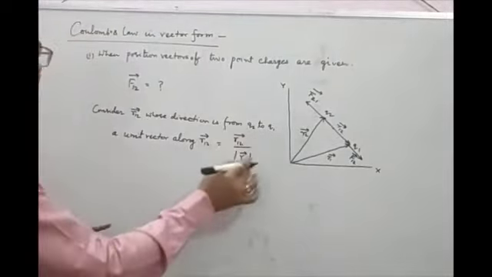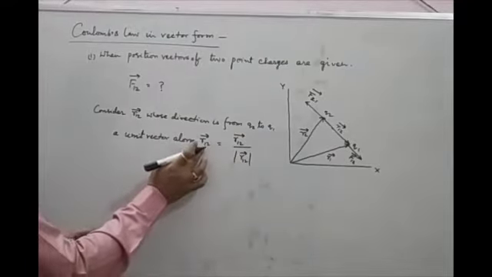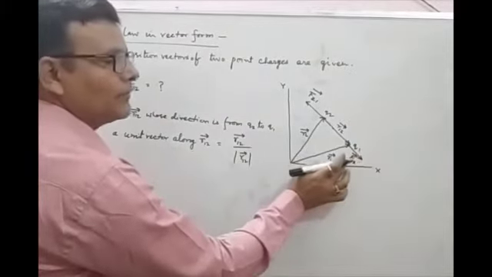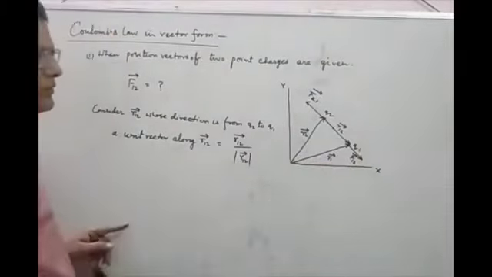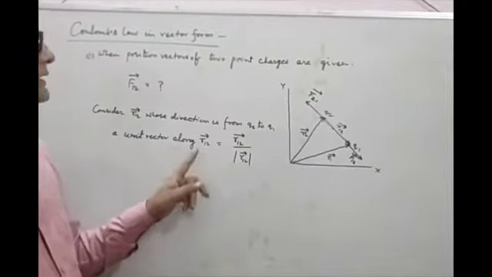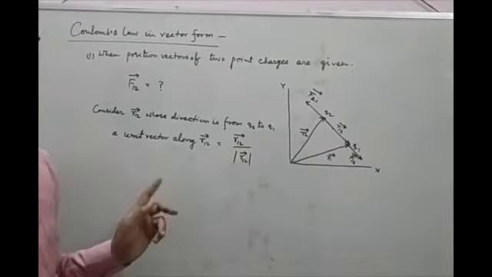This is a unit vector whose direction is along R12 vector, and this is the direction of F12. So we have the direction of F12 which is along this direction.